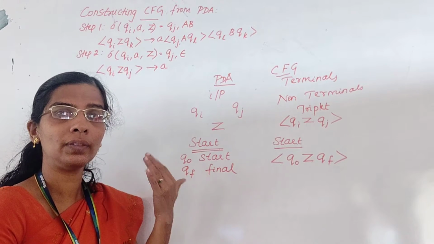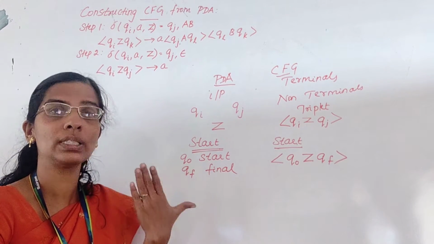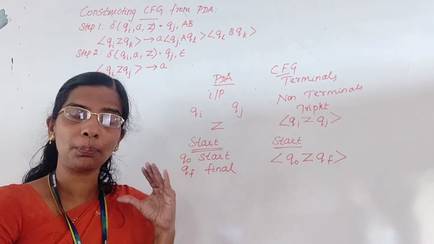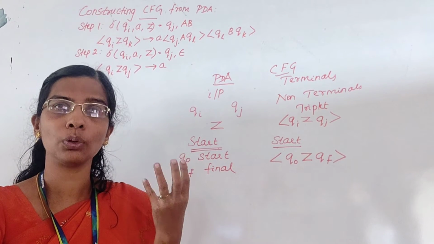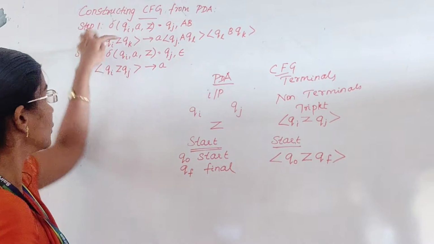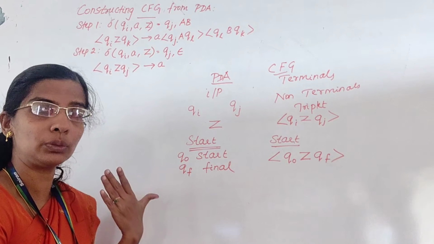This K and L will take all the possible values of your states. You have to check your complete PDA and find out how many states are there, like Q0, Q1, Q2. So K and L will take all the possible values.